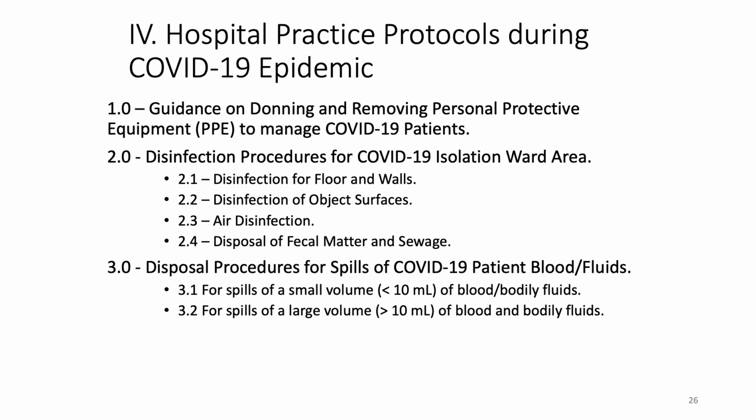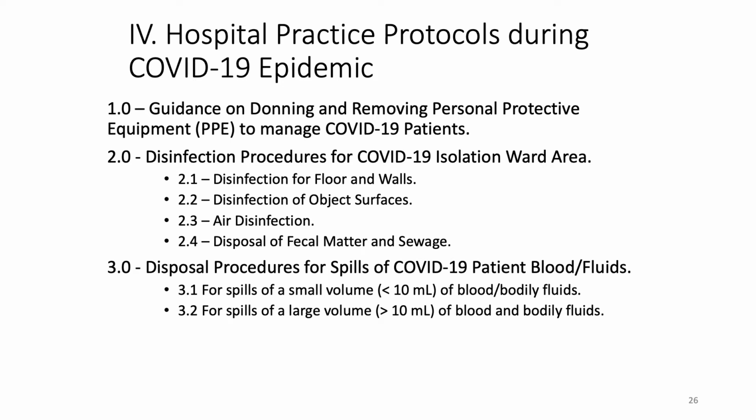So Section 1.0, Guidance on donning and removing personal protective equipment PPE to manage COVID-19 patients. 2.0 is disinfection procedures for COVID-19 isolated ward area, which is divided into 2.1 disinfection for floor and walls, 2.2 disinfection of object surfaces, 2.3 air disinfection, 2.4 disposal of fecal matter and sewage.